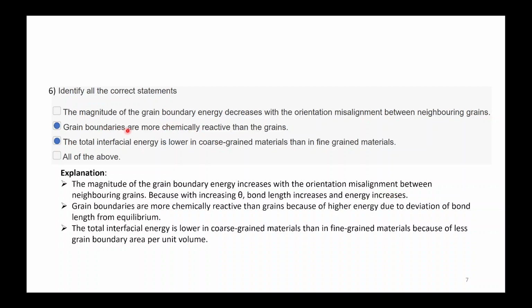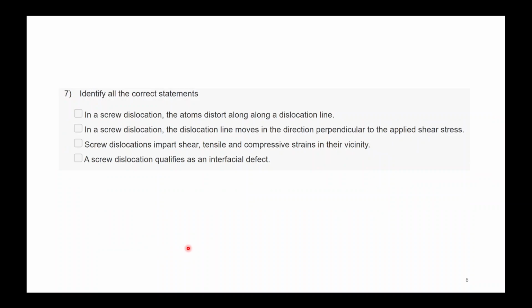While we saw earlier, grain boundaries are more chemically reactive because they have higher energy, due to deviation of bond length from equilibrium. And the total interfacial area is lower in coarse grained materials than in fine grained materials because of less grain boundary area per unit volume.